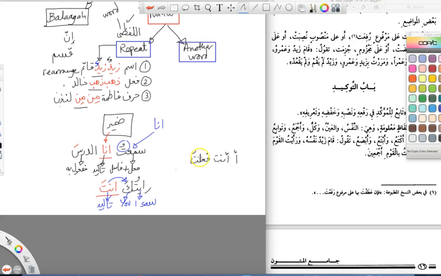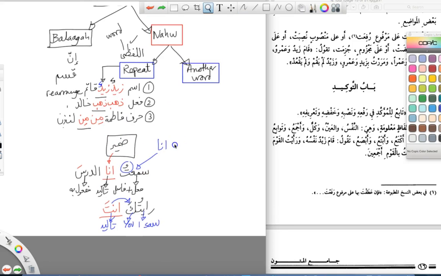So they want to mention Tawkeed, even though they brought it before. Yeah, but you get the idea of how it works. You get how it works by repeating the damir. And this damir is what we call a damir munfasil. A munfasil damir. Okay, so that's basically all you have to remember for that, for lafzi. Let's move on to the next one now.